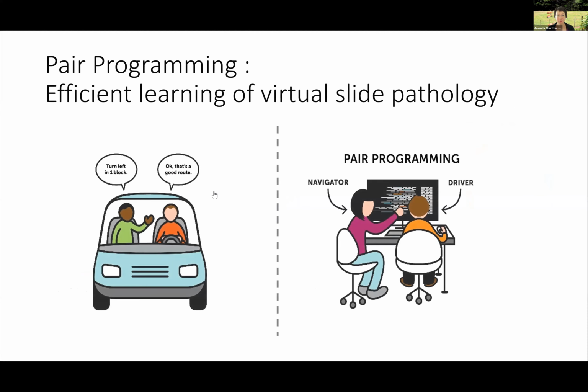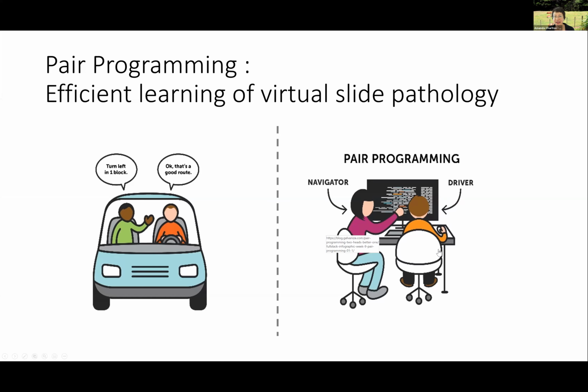There's 2 people. It's like in a rally. There is one person who's the driver, who's driving the slide in this case, or the car, and there's the navigator who is looking out the window and providing direction. So when we go into computer pair programming or computer slide learning, there is one person who's the driver who has the mouse, right? They've got the mouse.